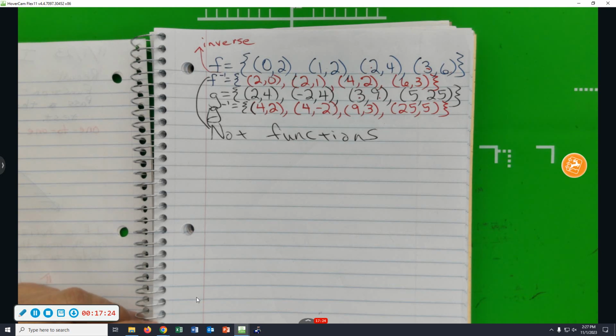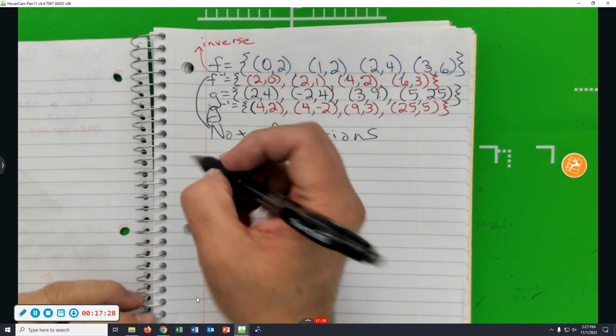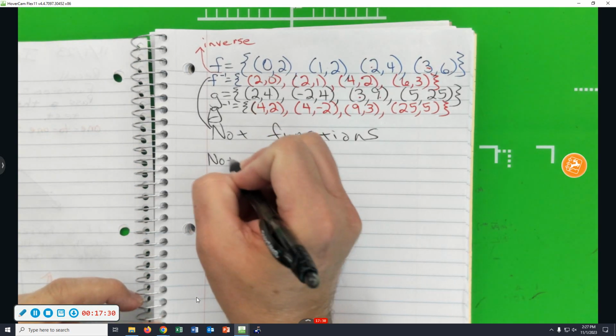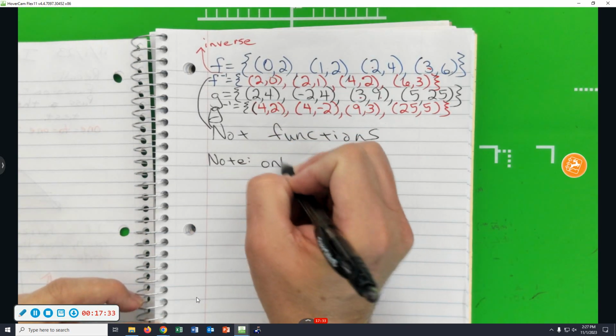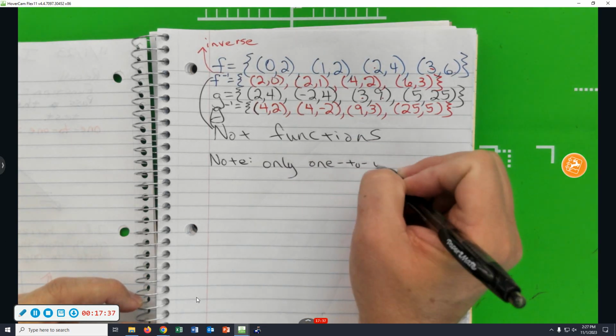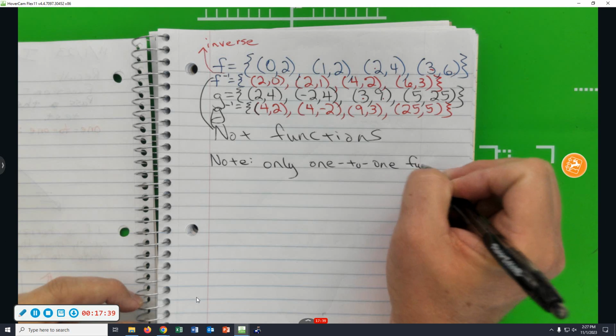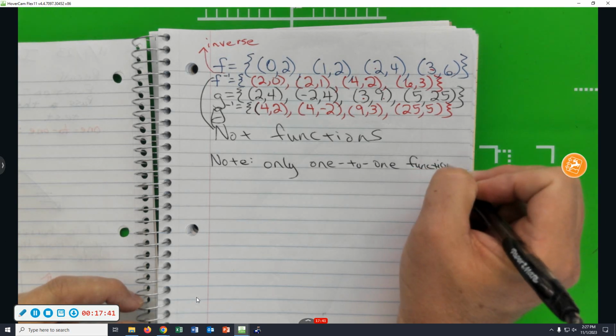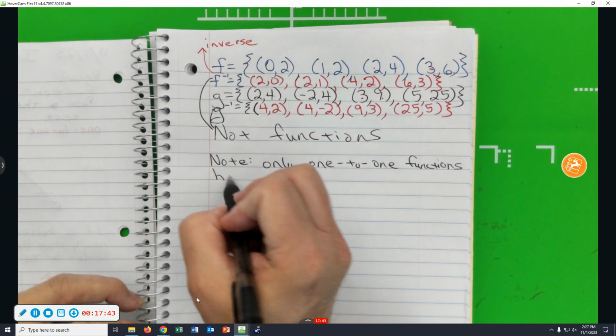If it's not a function, then they're not interested in the inverse. So let's make a note: only one-to-one functions have inverses that are functions.